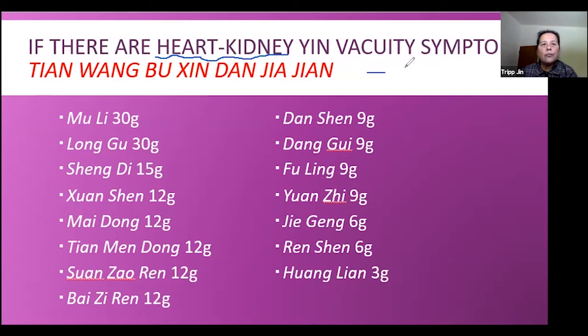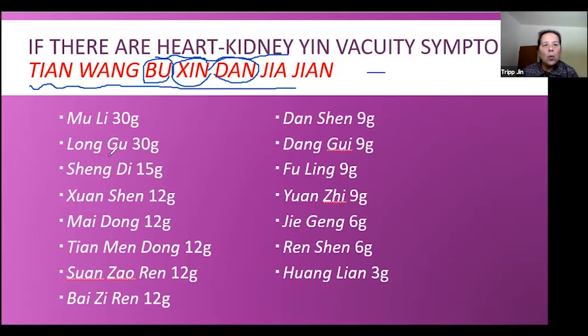So we change the formula to 天王补心丹. 心 is heart, 补 is tonify. 天王 just means powerful here. Dan has the same meaning as pills, and 加减 means modified. That works especially for heart deficiency, maybe with kidney deficiency, and helps people sleep.